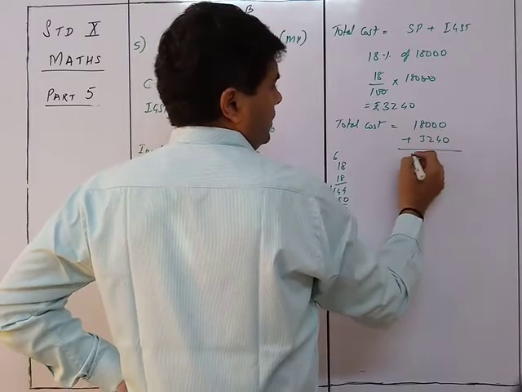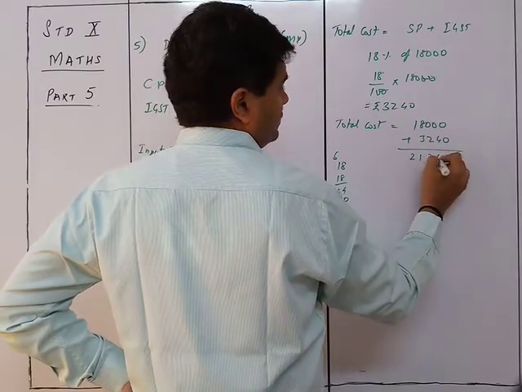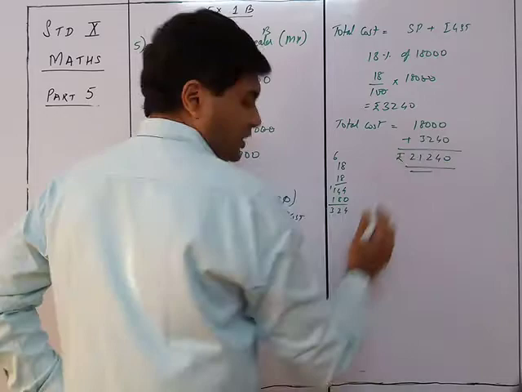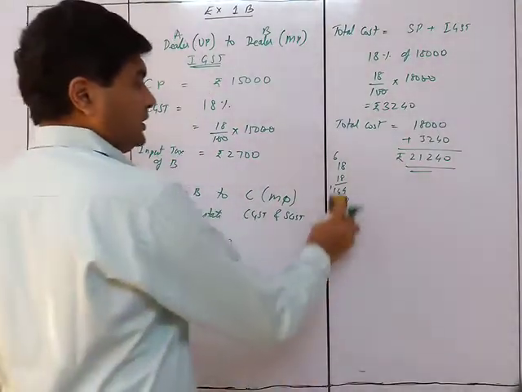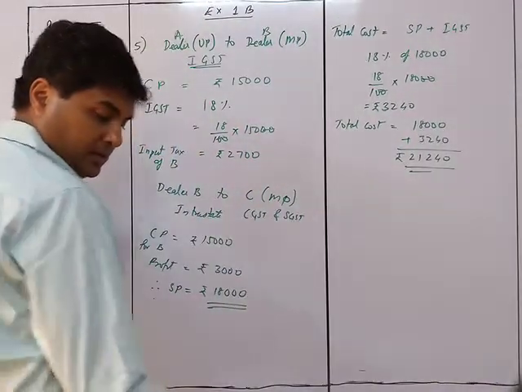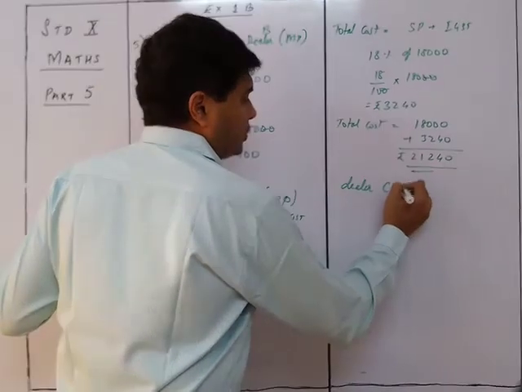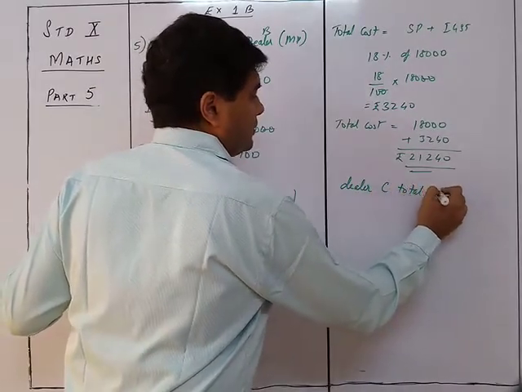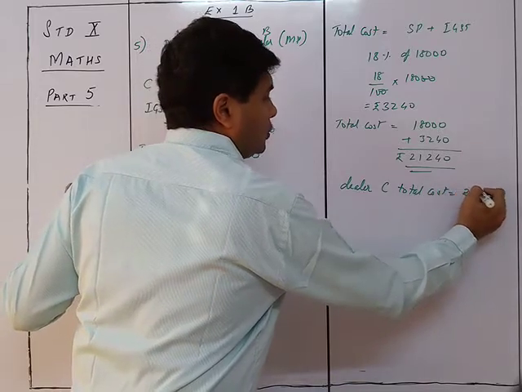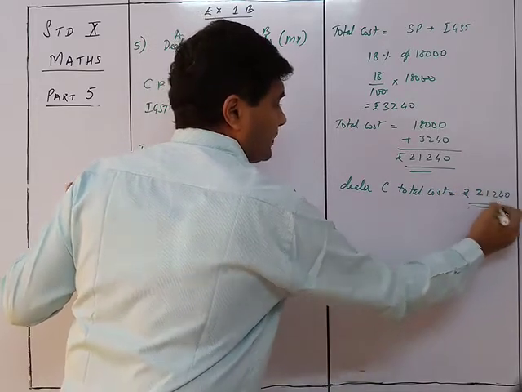Accordingly, it will be 21240. That's the total cost of the article to the dealer C. So dealer C, total cost is equal to rupees 21240.